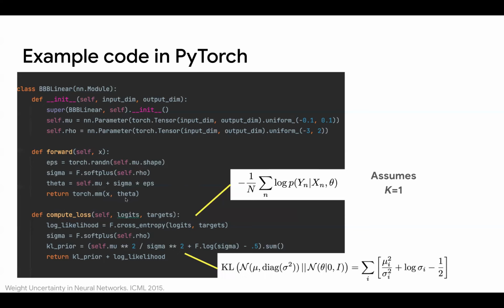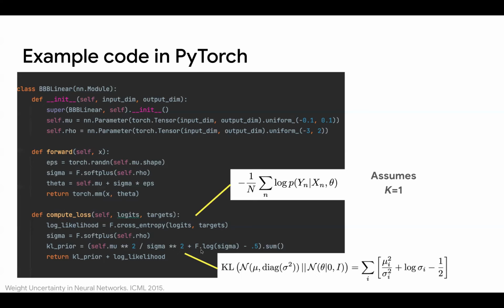And the output, you can think of this logit as the output of this torch.mm, the forward. And these are fed into cross entropy, and you just compare against the target labels. It's the same thing as when you train a classifier in general. And then you get log likelihood, more precisely negative log likelihood.